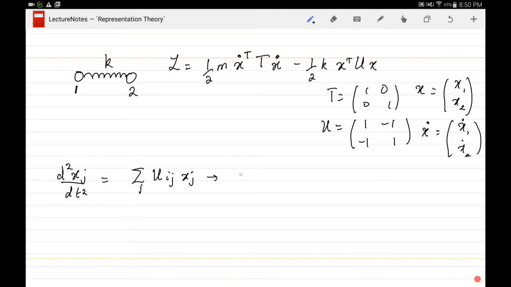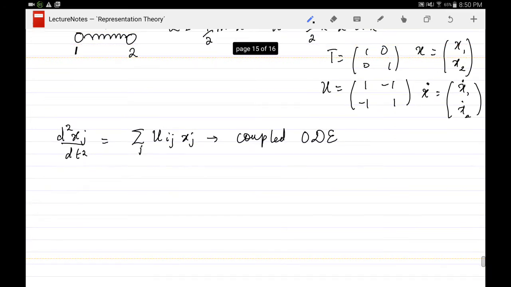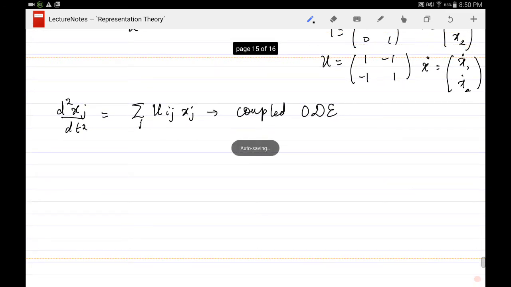This is a series of coupled ODEs. Okay, and of course, to make our life simple, we need to decouple them. So decoupling them, you can see, will mean finding some coordinate system such that this interaction, this potential U, is diagonal.